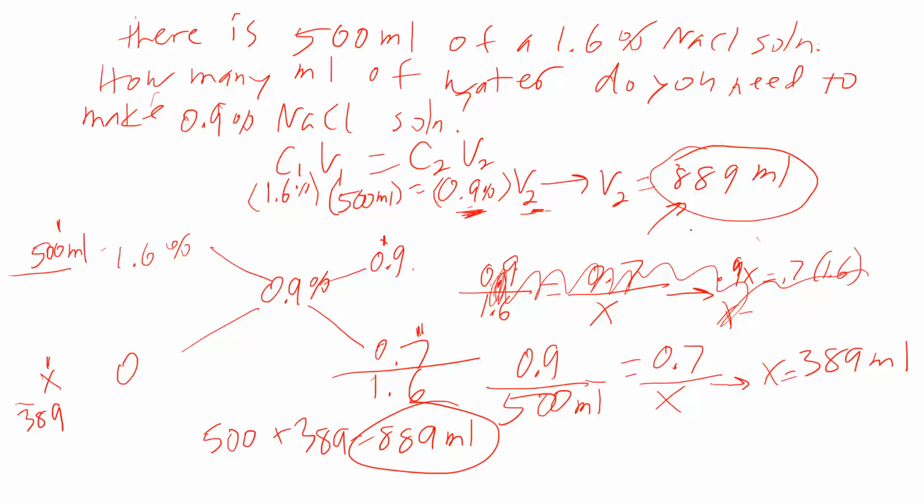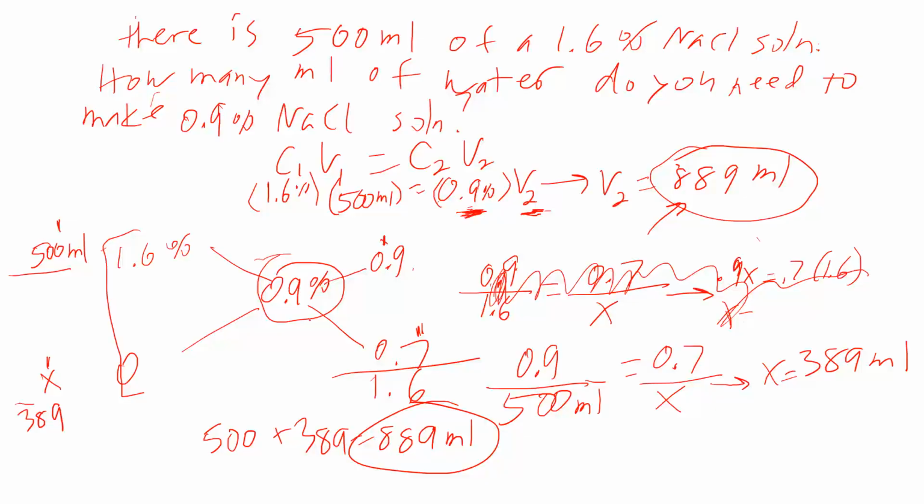So you notice how this is the total volume, I'm sorry, the total volume of what is here. Because V2 is right next to 0.9, and 0.9 is the total final volume, or the total final percentage.